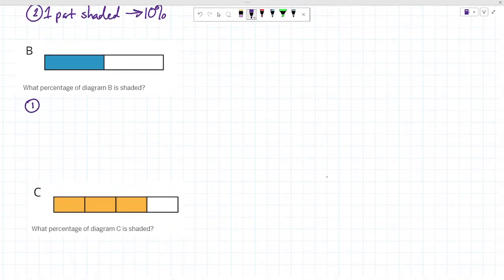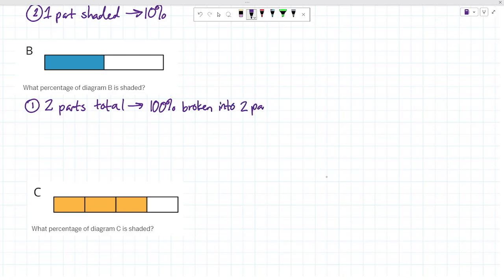Okay, first, how much does each part represent? So first of all, we have 2 parts total. So if we take 100% and we break it into 2 parts, then how much is in each part?